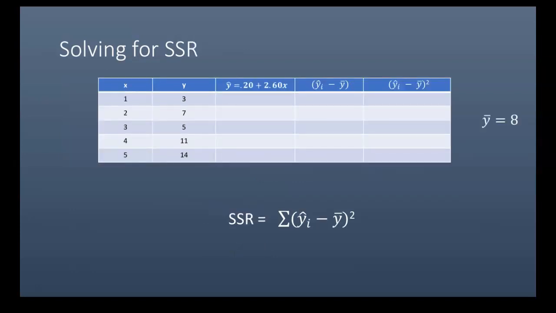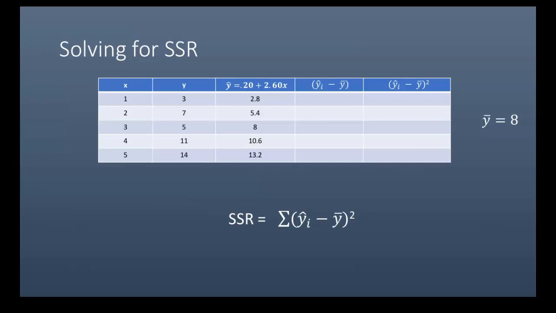Now for SSR. SSR is the sum of y hat minus y bar squared. Well, we found y bar was already 8. And our y hat values, we found those when we were solving for SSE. So we can put all of those into our chart.